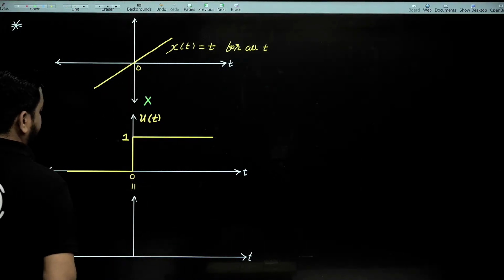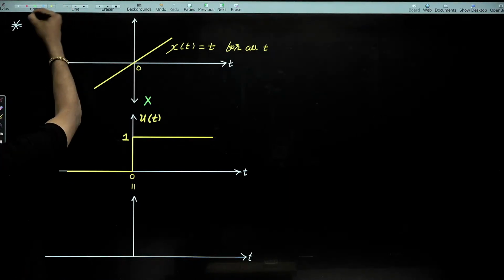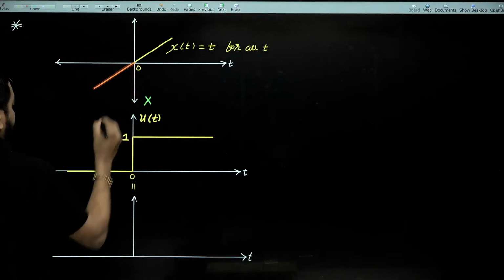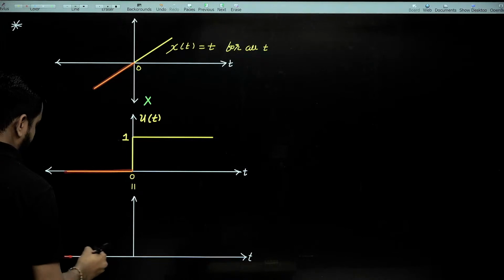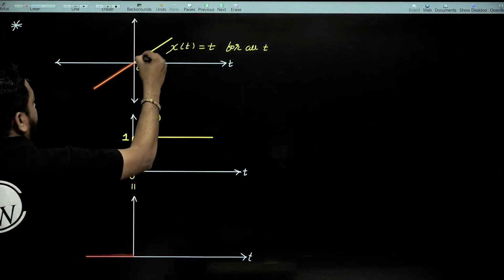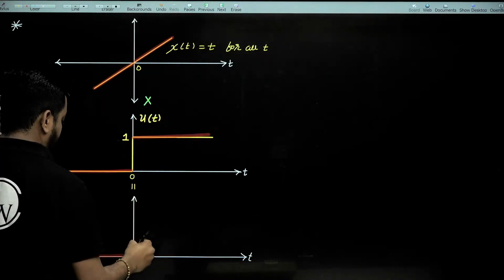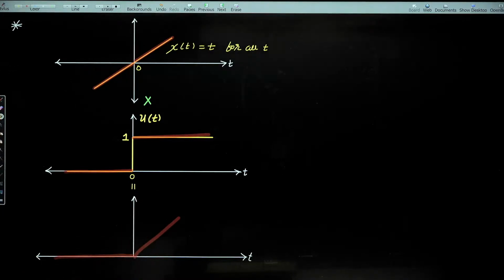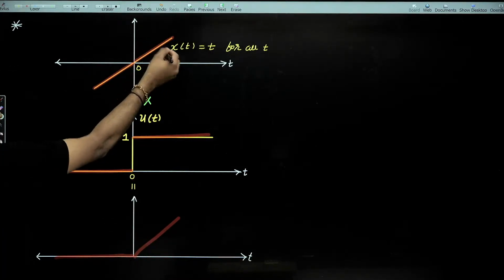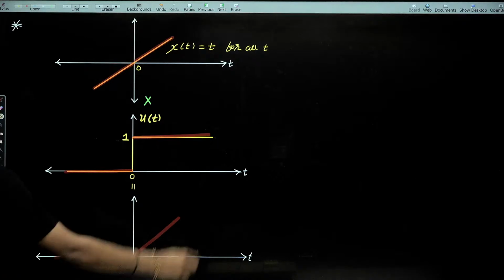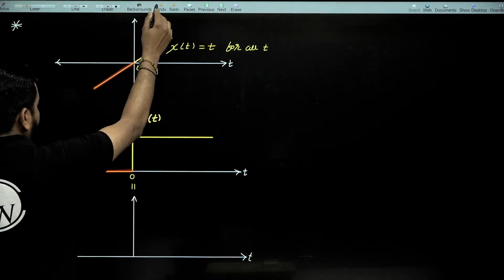For t less than 0, this t multiplied with 0 is 0, and for t greater than 0 this t multiplied with 1 is t, so it will be nothing but r of t. T into u of t is nothing but r of t, guys. Got it?